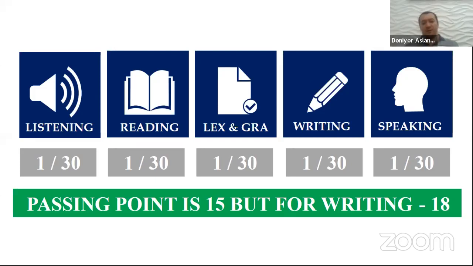Imagine one person scores 1 in lexical and grammar competence, but is still able to score 90, they will pass the exam. But in the salary bonus exam, you have to build up the language for each section. Each section should be at least 50% mastered, which is, of course, a little bit difficult.